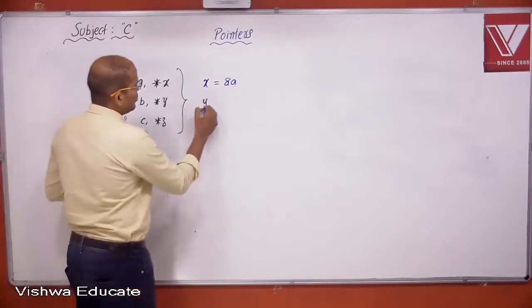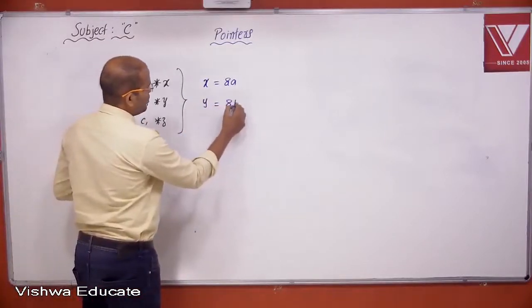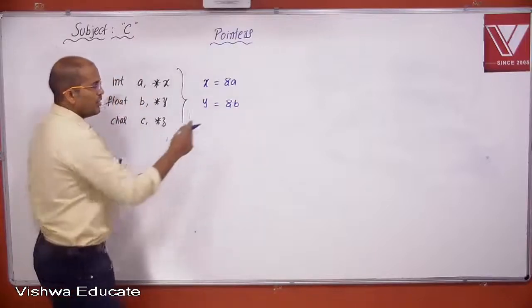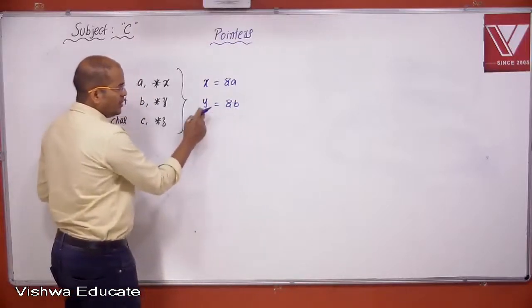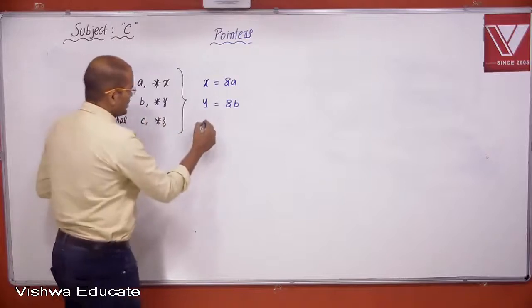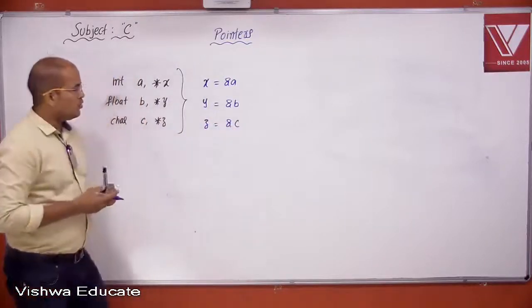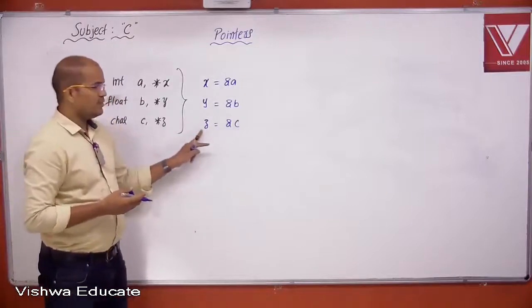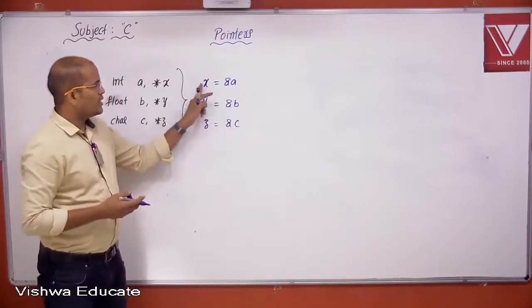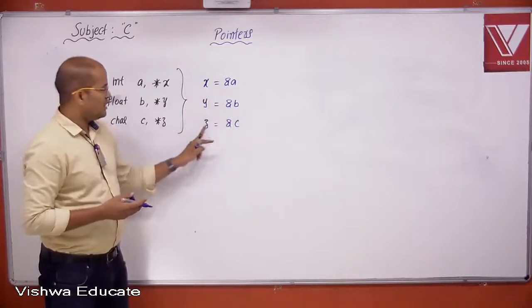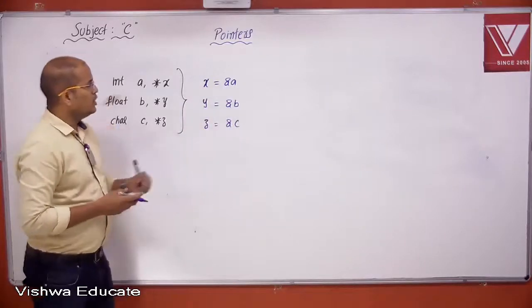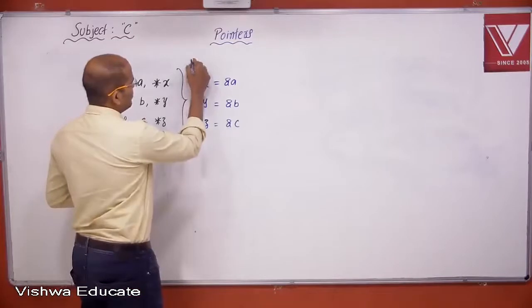When I say y is equal to address of b, I am storing a float variable address in a pointer variable. When I say z equals address of c, I am storing the address of c in z. So x is address of a, y is address of b, z is address of c. Is that true? So all these are valid.